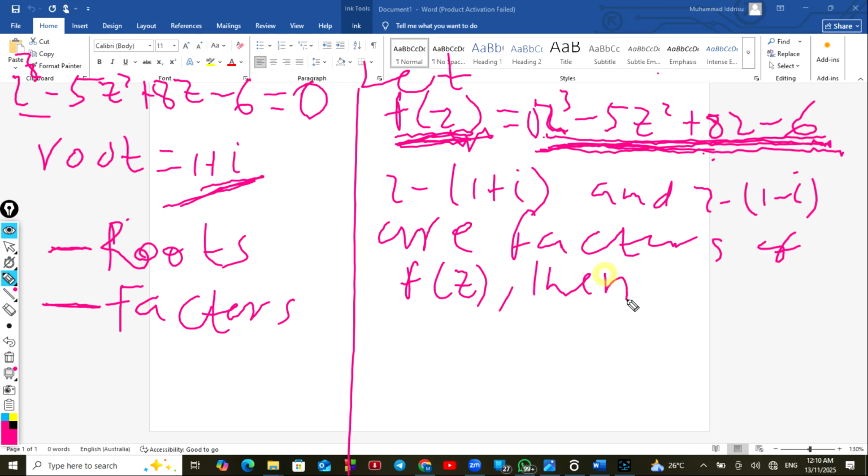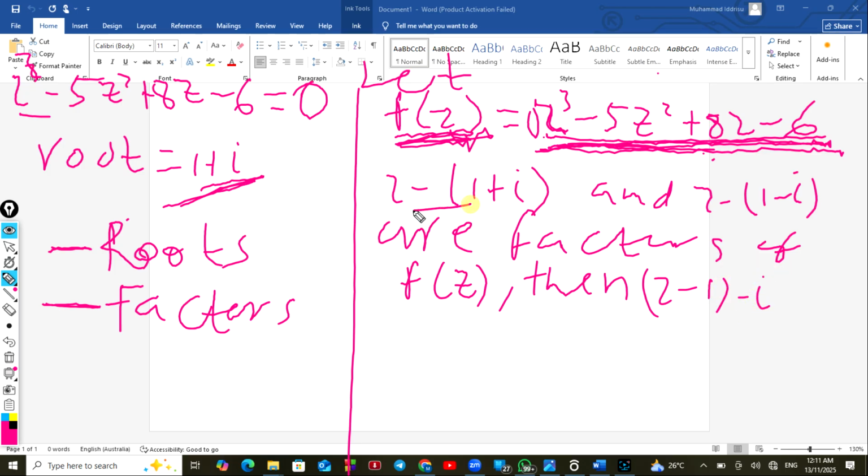then their product. Let me keep it this way: z minus 1 minus i.